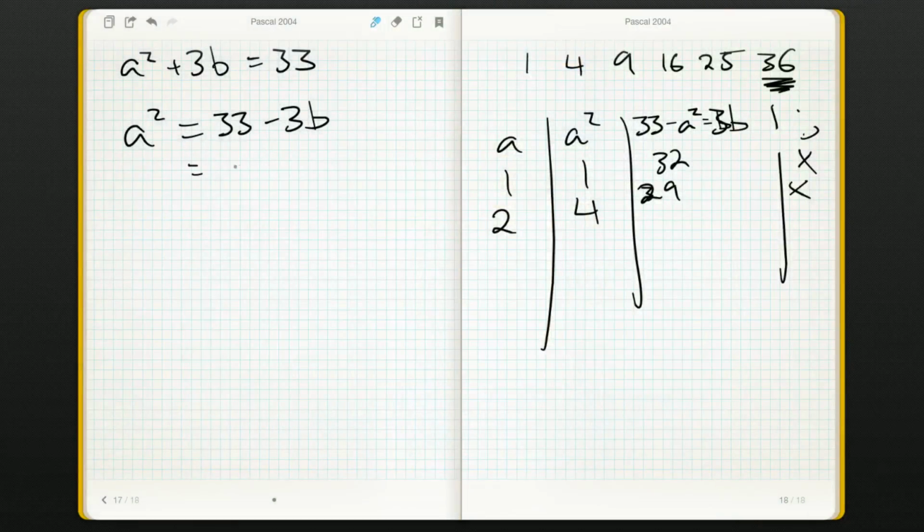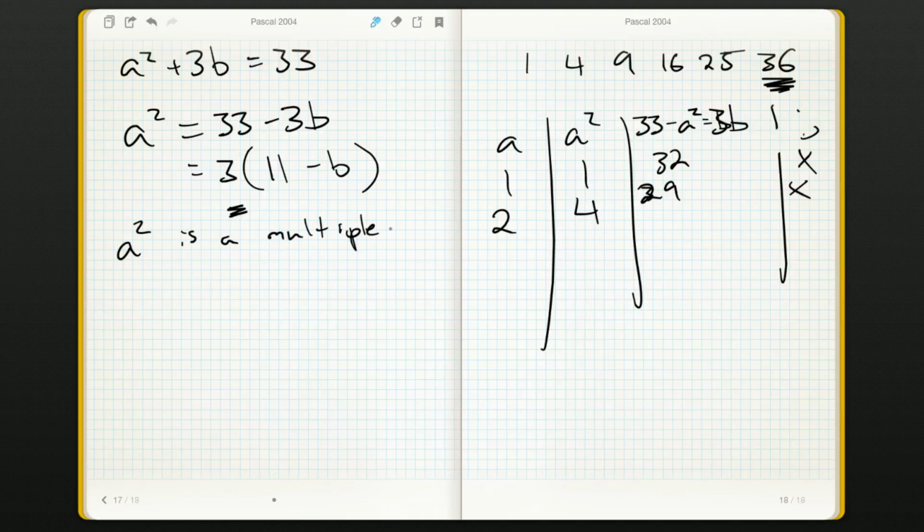So I notice both of these are multiples of 3. 3 times 11 minus B. Well, if we've got a multiple of 3 on the right-hand side, that must mean A squared is a multiple of 3. And there's only one square in this list that is a multiple of 3.